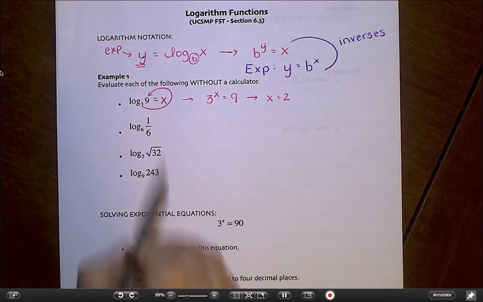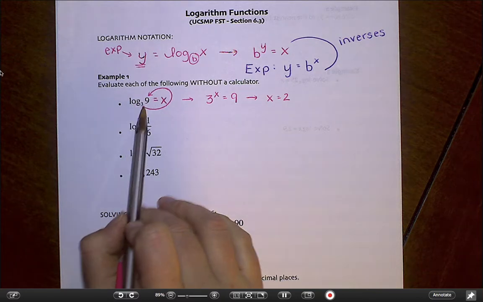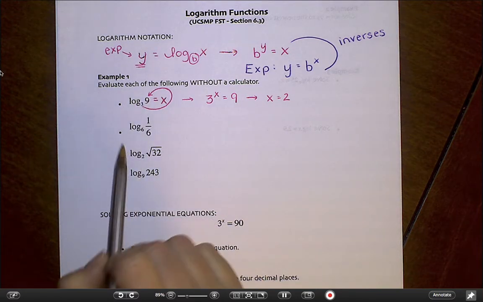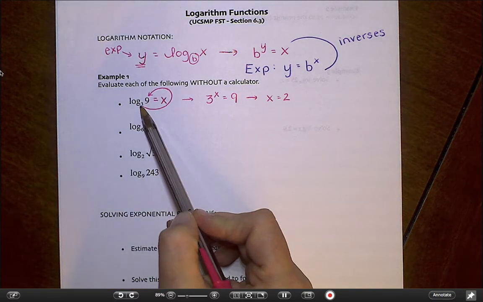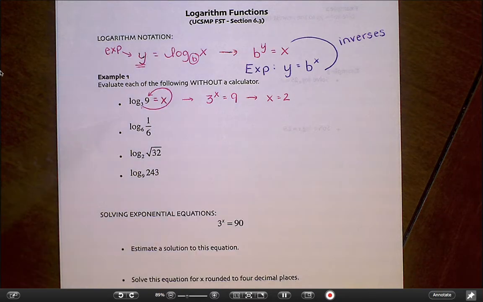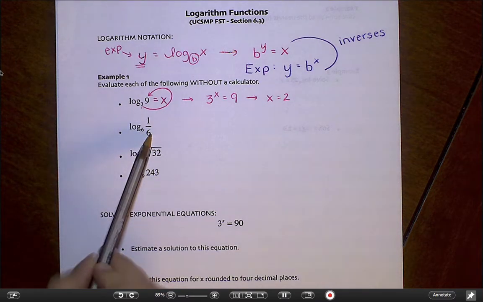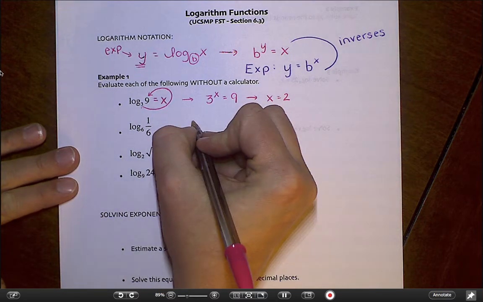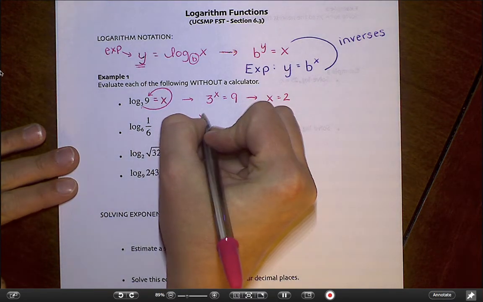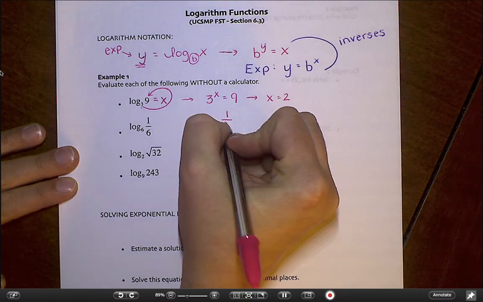So back here when we first started this problem and you saw log base 3 of 9, what I was really asking you there is what exponent do I need to turn a 3 into a 9? Okay? So same idea here. I'm asking what power turns a 6 into a 1 over 6? I'm asking you this question: 6 to what power makes 1 over 6?